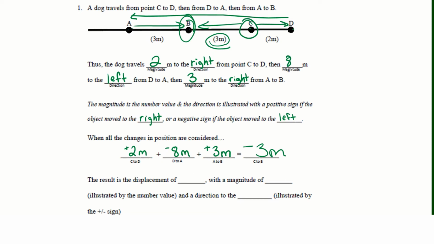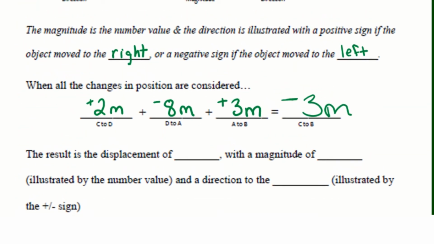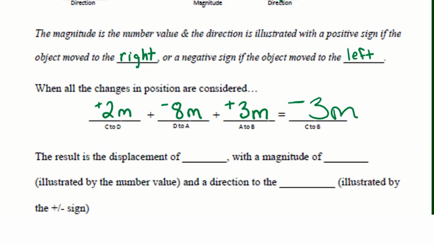So when we are adding up these changes in position, notice how we have a negative and 2 positives. So let's first add up the 2 positives. That gives me positive 5 meters. And then I have negative 8 meters.